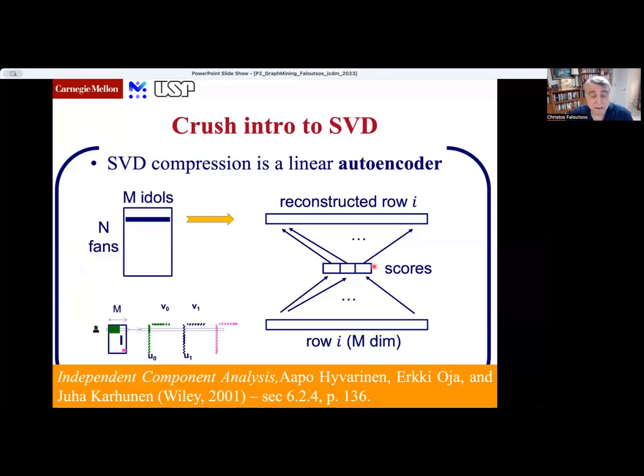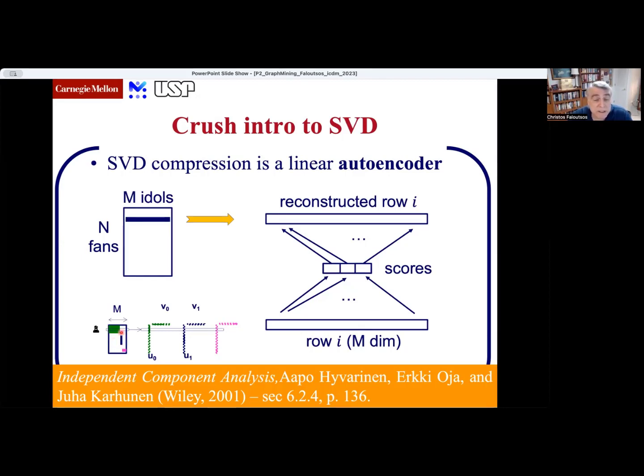In that case, Aapo Hyvarinen and his co-authors, in the excellent book on independent component analysis, show that if we have the L2 norm as the loss function, the resulting embedding is exactly the embedding of the singular value decomposition.